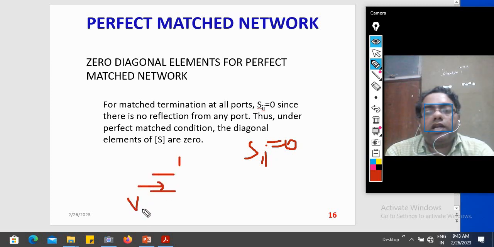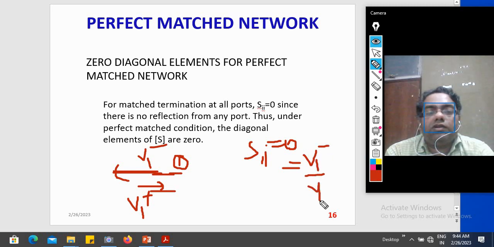The incident at port 1 is V1 plus, and the reflected from port 1 is V1 minus. So if this port 1 is matched, there will be no V1 minus, there will be no reflected wave. So V1 minus is 0. S11 is V1 minus by V1 plus. So if it is matched, V1 minus will be 0, meaning S11 will be 0.